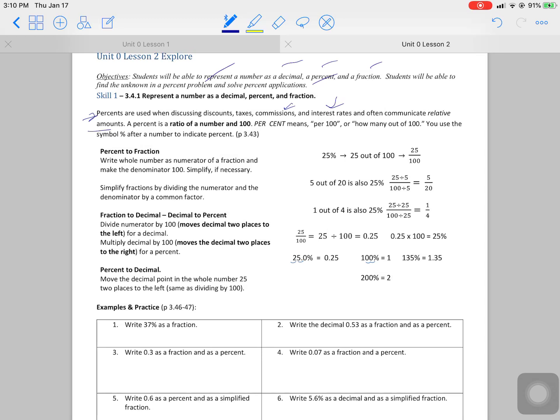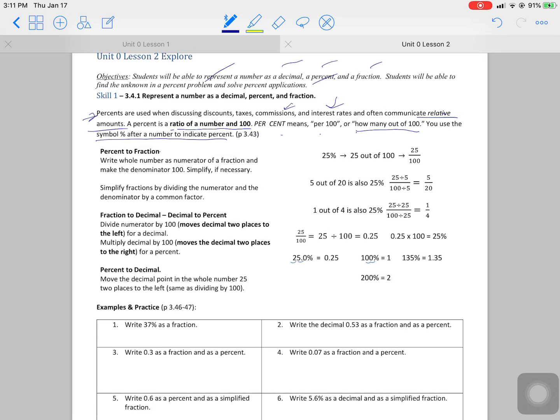These are often communicating relative amounts. A percent is a ratio of a number and 100. Percent means per 100. How many out of 100 is what we're talking about. If there was 100, how many would this be out of the 100? And you use the percent symbol after the number to indicate it is a percent. Okay?